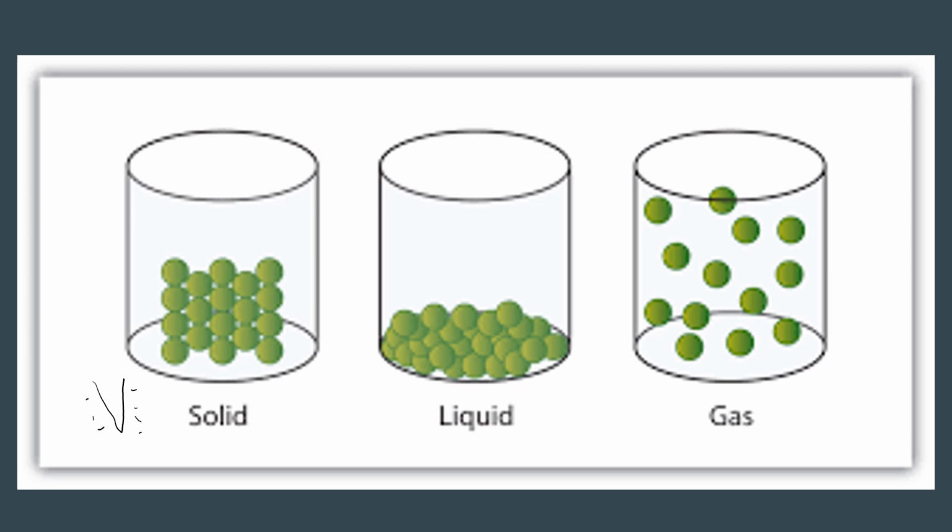Versus gases, those are bouncing all around against each other, against the walls, literally bouncing off the walls. Think of a kid. If we say that they're bouncing off the walls, they have a lot of energy. They are hyper, lots of energy. So gases have a lot of energy. And solids don't have as much energy.